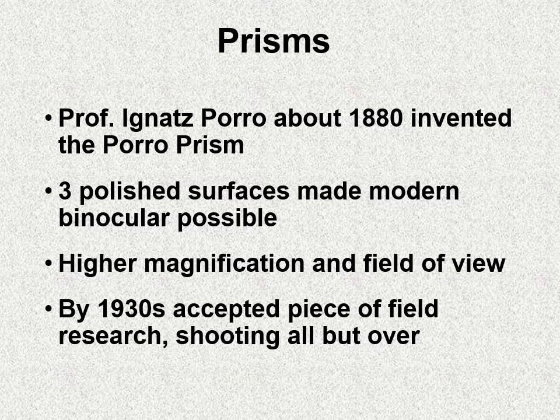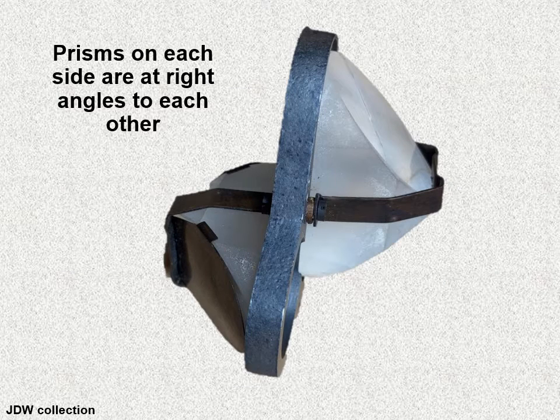And by the 1930s, these types of binoculars were accepted in field research, and shooting of birds was all but over. The prisms are put on each telescope. There are 2 of them, and they're put at right angles to each other. And we'll look at the prisms in part 2, because that's how you can align binoculars.